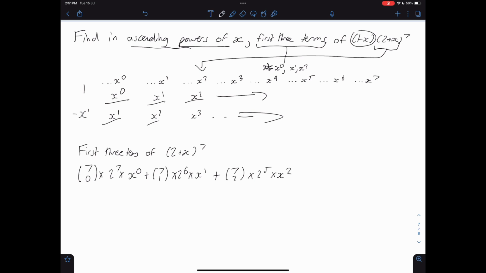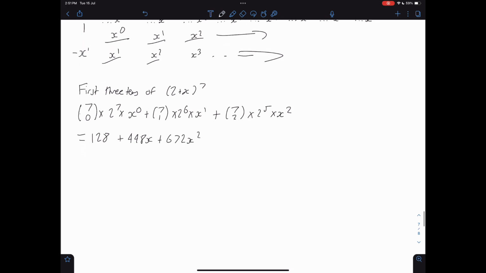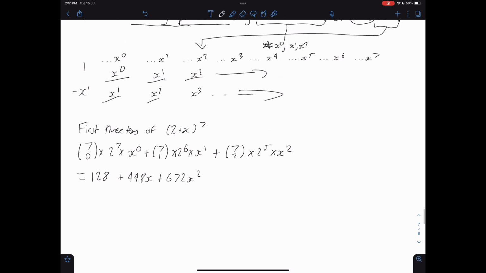7 choose 0 times 2 to the power of 7 times x to the power of 0, etc. And this is going to become 128, and you're going to get 7 times 2 to the power of 6, which is 448x, and 7 choose 2, which is 21, multiplied by 2 to the power of 5, which is 32. It's going to get you 672x squared.